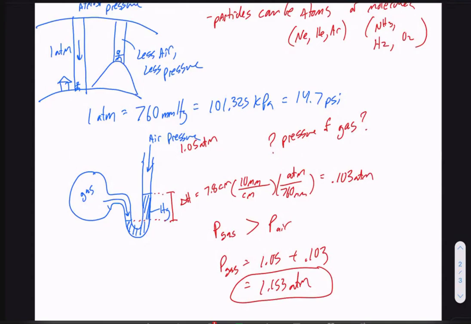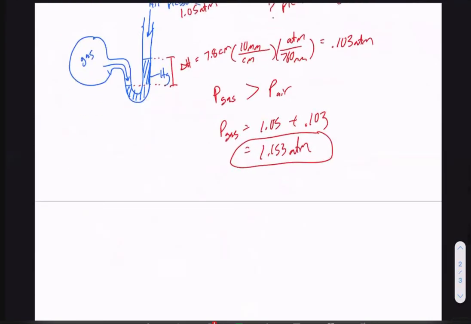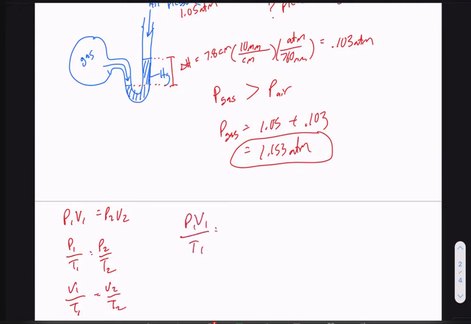All right, so moving past manometers, now we move into the simple gas laws. P1 V1 is equal to P2 V2. P1 over T1 is equal to P2 over T2. And V1 over T1 is equal to V2 over T2. So this all culminates in what we call the combined gas law.